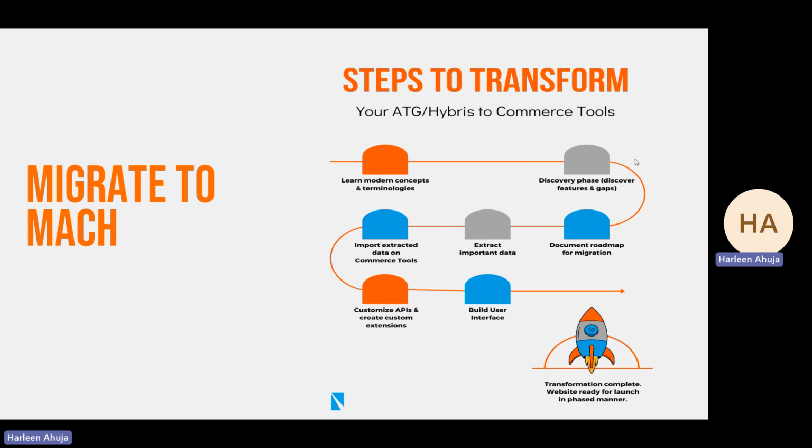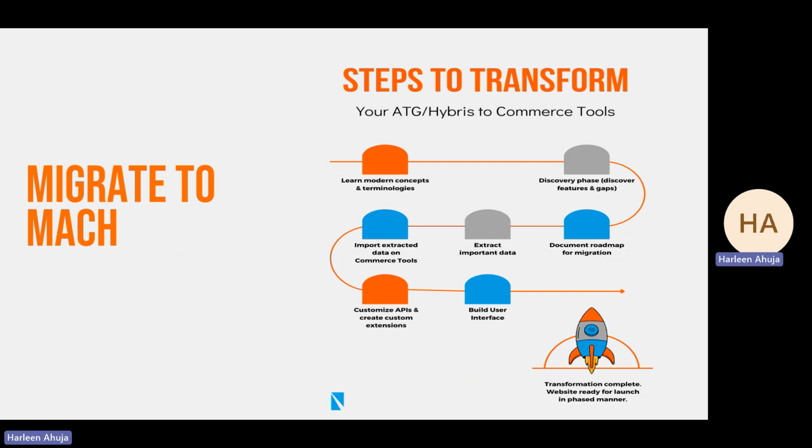Then we have a discovery phase, which is like a sprint zero kind of thing, wherein we discover all the features and identify if there are any gaps in the requirements. So this process would be readily available from out-of-the-box commercetools. From out of the box, we can figure out what features are available with commercetools, what we can leverage out of the box, and what needs to be customized.